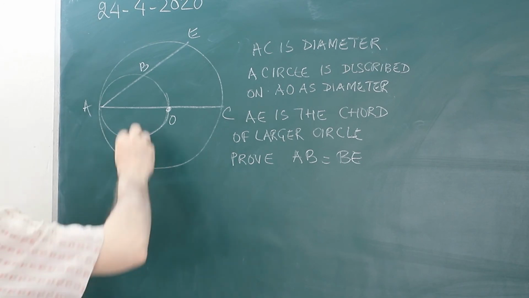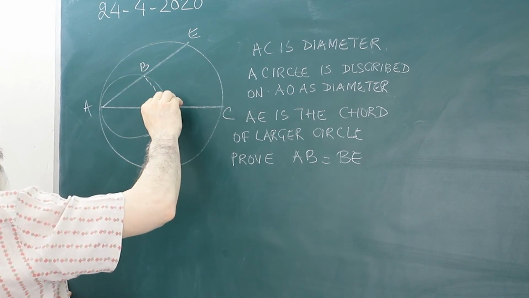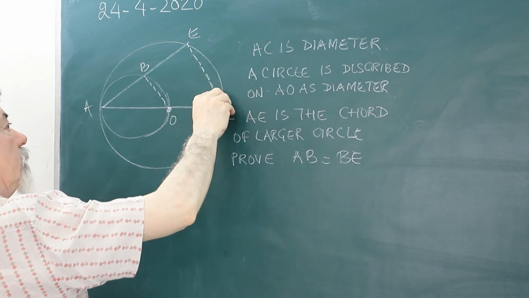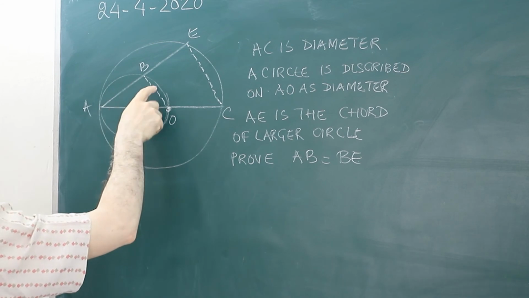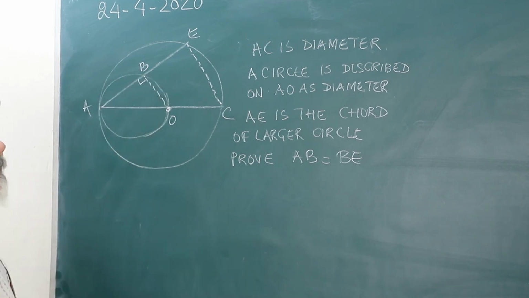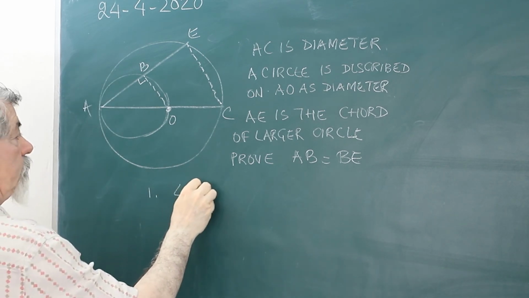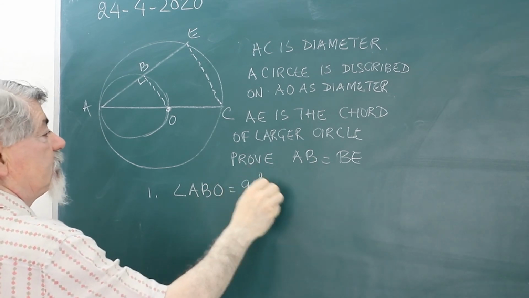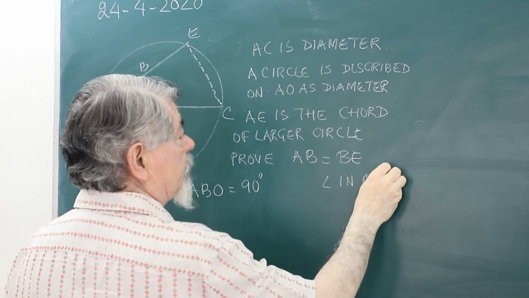Now, if I join B to O and I join C to E, if you look in this figure, angle ABO will be 90 degrees. Angle in a semicircle.